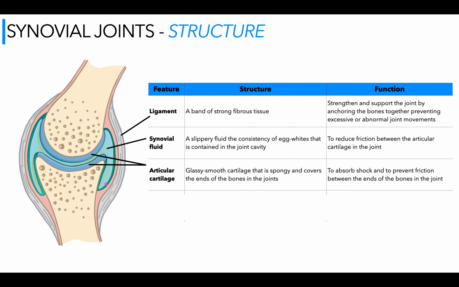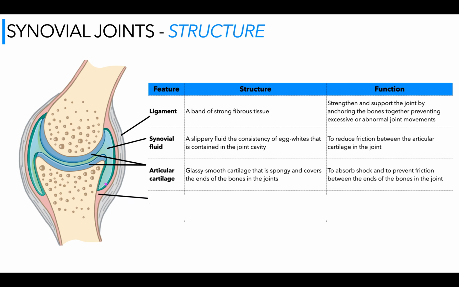So for example, in the knee joint when we go running, we do not want the ends of bones rubbing together, so the articular cartilage aims to prevent that by absorbing shock and preventing friction, and the synovial fluid within the joint is trying to provide support and prevent friction between the cartilage and the other joint features.